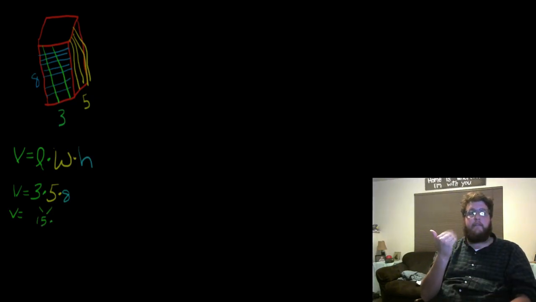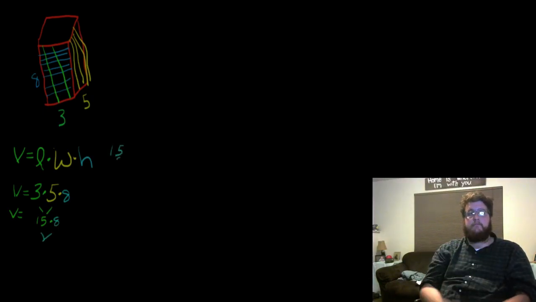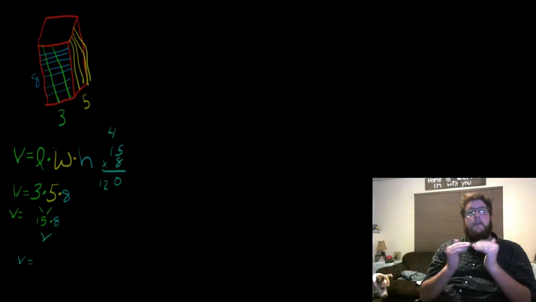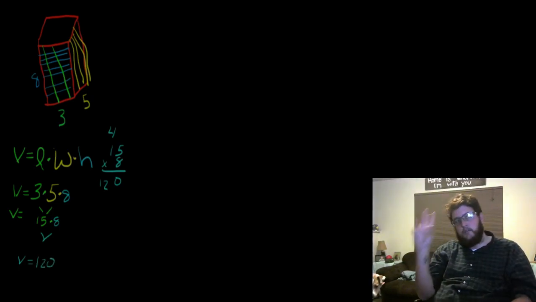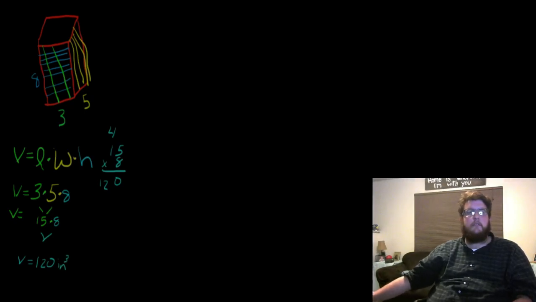I bring down everything else. 15 times 8, I'll go ahead and do over here. 8 times 5 is 40. 8 times 1 is 8, plus 4 more is 12. So my volume is equal to 120, and the units it gives us are inches, so it's inches cubed.